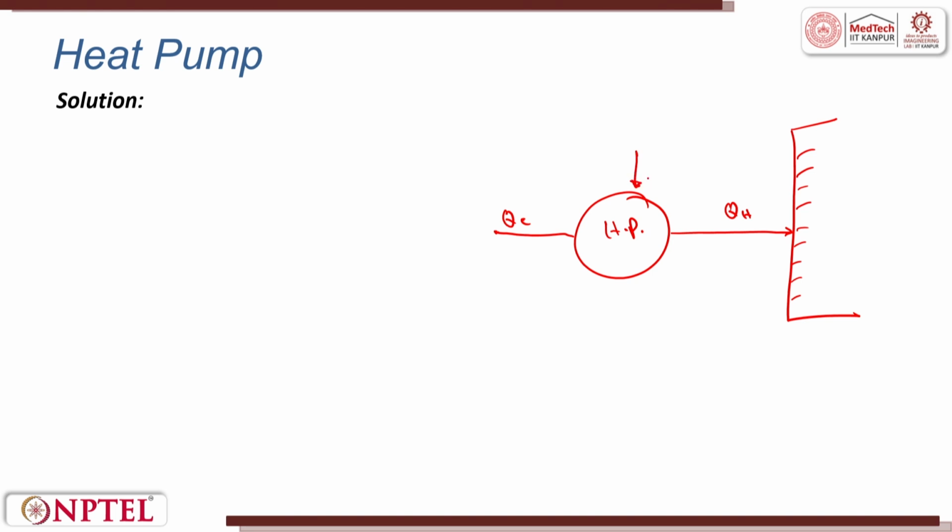There is external work from the compressor entering the system, that is W. I will just label it: this is compressor work, equal to 2500 kilojoules per hour.